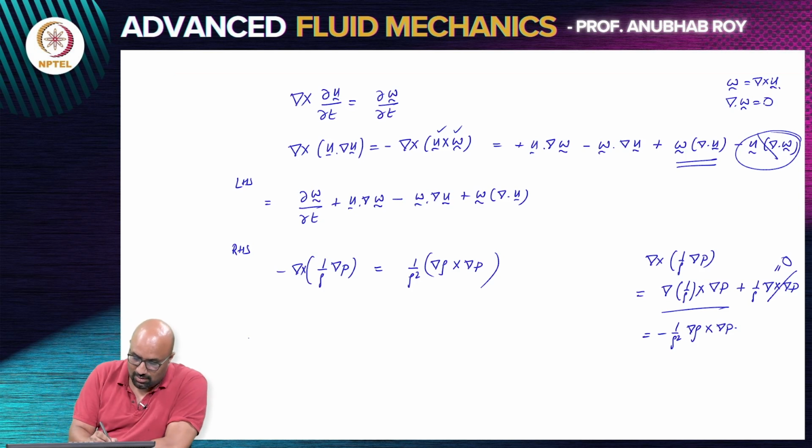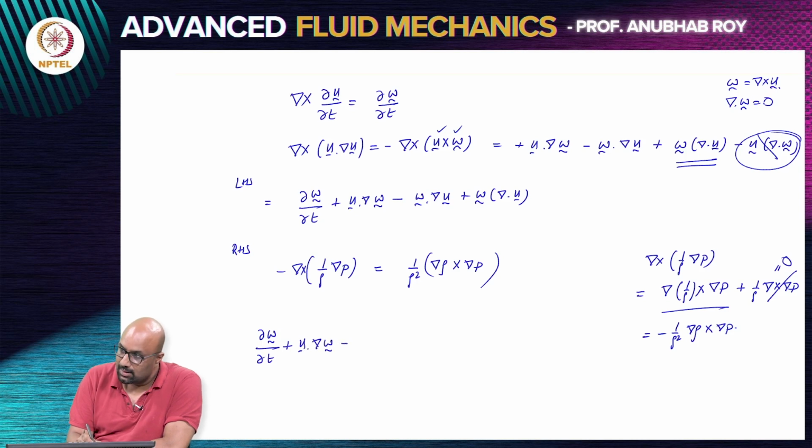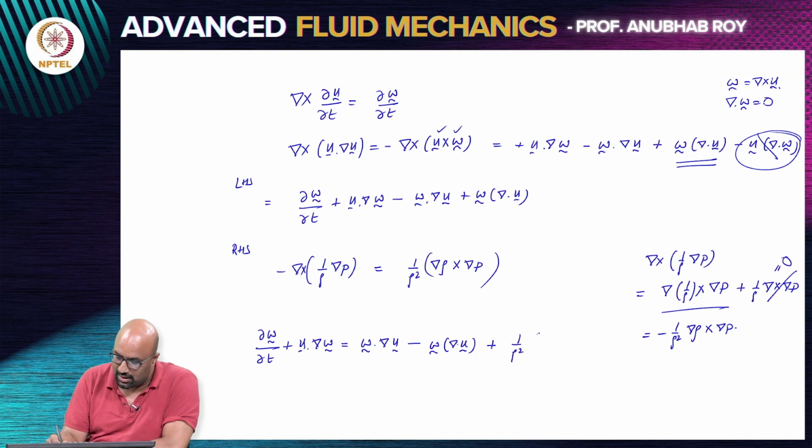So, we are done now with the terms of the LHS and RHS. We have ∂ω/∂t plus u dot del ω is equal to ω dot del u, taking that to the right hand side now, minus ω del dot u, plus 1 by rho square del rho cross del p.